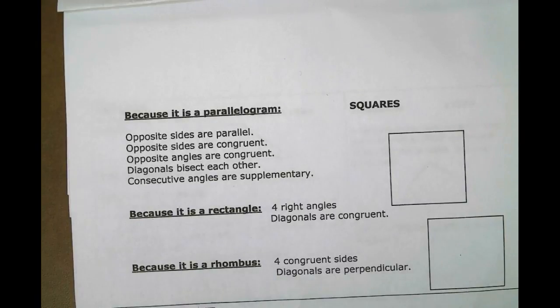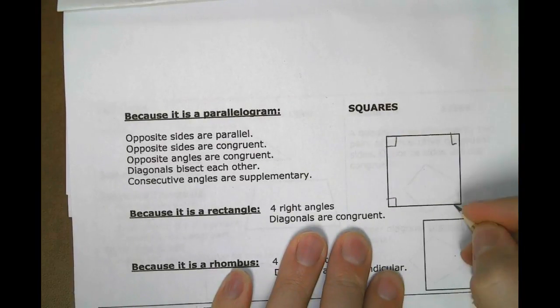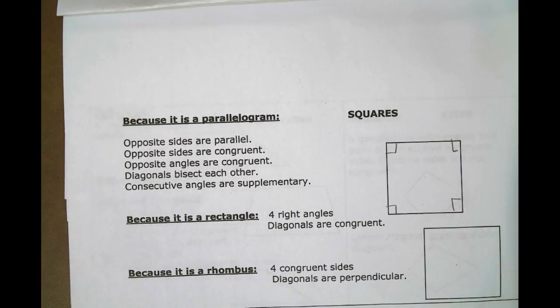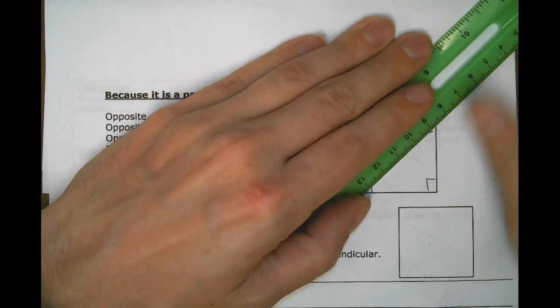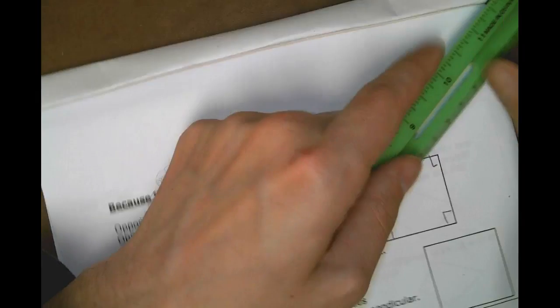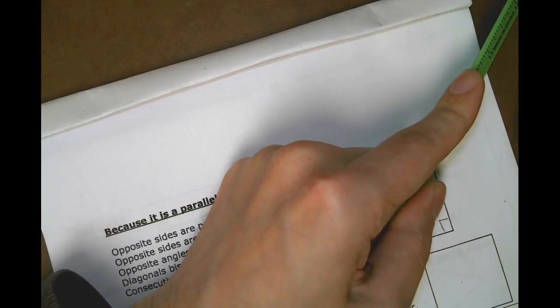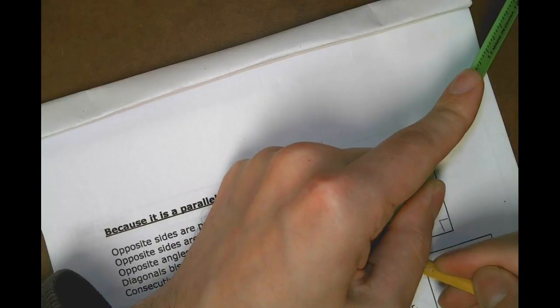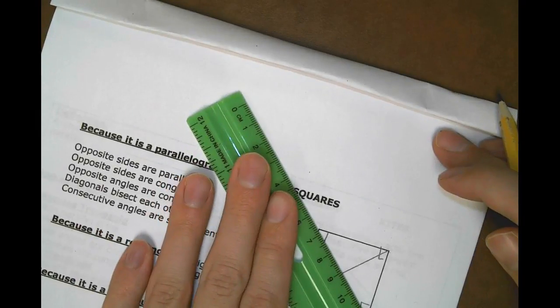Because it's a rectangle, a square has 4 right angles. Right angle here, right angle here, right angle here, right angle here. And the diagonals are also congruent. That means this is the same as this.